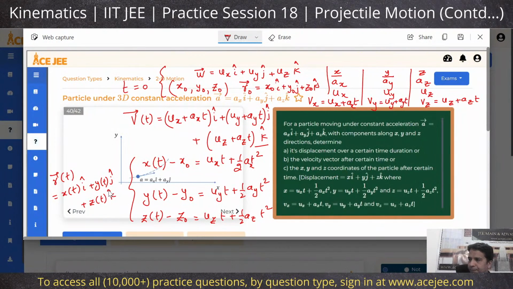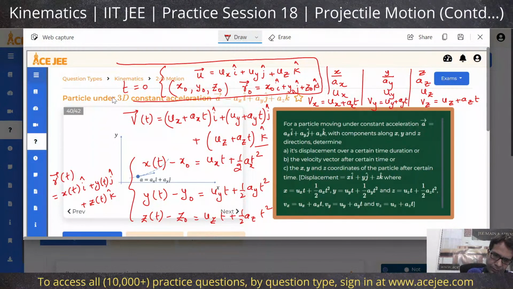Shall we clear that? Sir, what is that W again? Yes. Oh, sorry. My pen has a leaking issue. This is U, the initial velocity U. These are the initial coordinates and initial velocity at time t equals to 0.